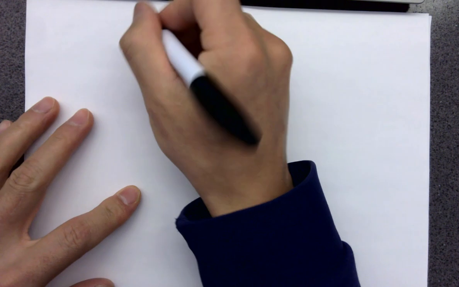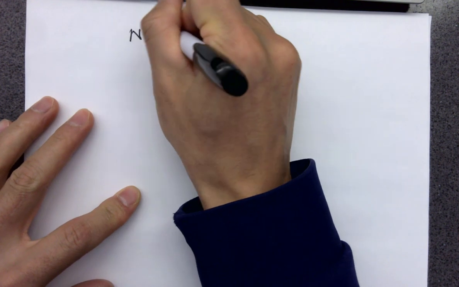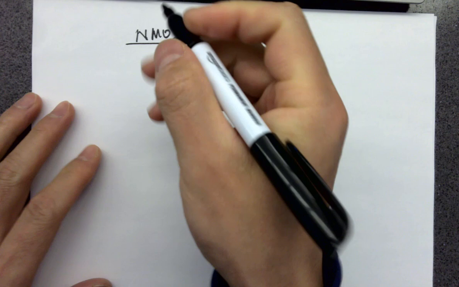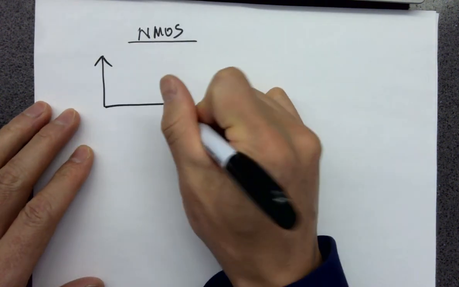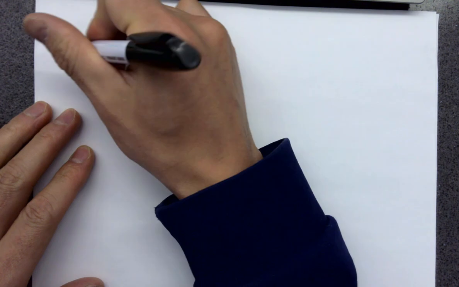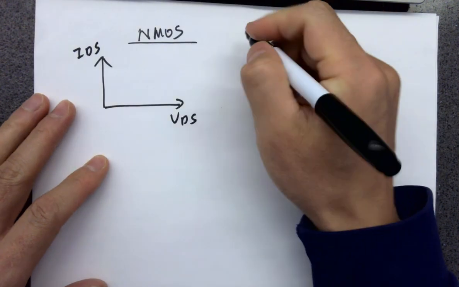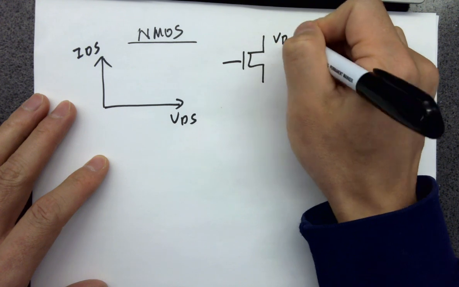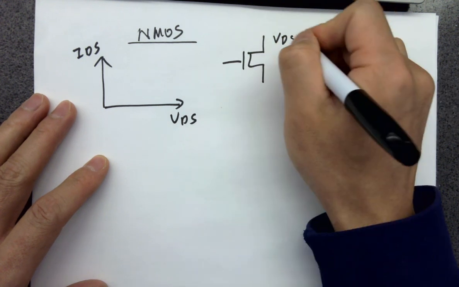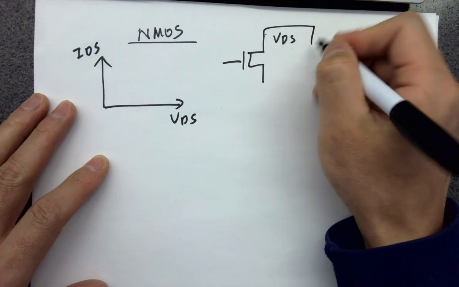Okay, let's take a second look at the IV curves of the NMOS and PMOS. So for NMOS, we have VDS versus IDS. VDS is the voltage from drain to source.